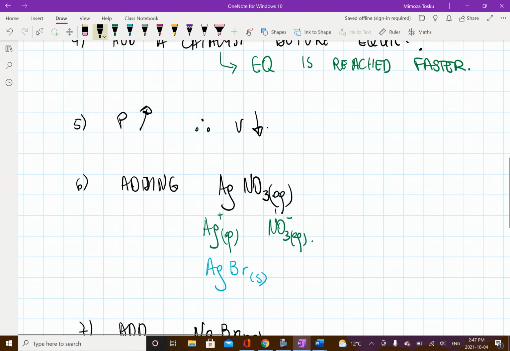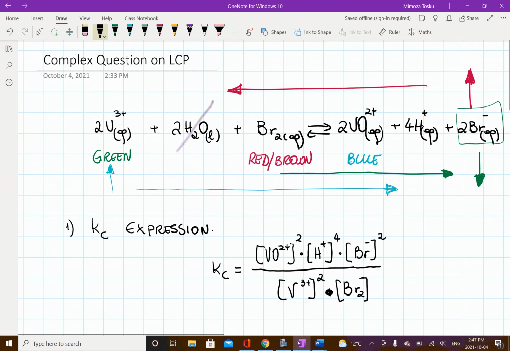Okay, when we add hydrogen protons, then based on Le Chatelier, what will happen to reach the equilibrium is the equilibrium will be shifted to the left as well, because they want to use what is added into it. Make sense?